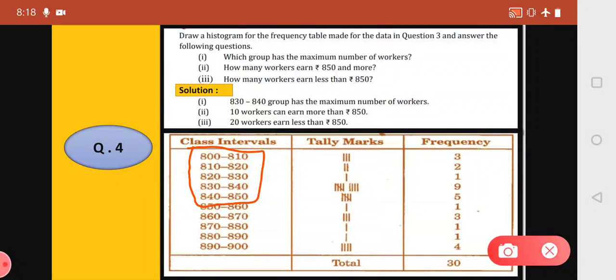So you have to add all these frequencies. Yes, that is 3 plus 2, 5, 5 plus 1, 6, 6 plus 9, that is 15, and 15 plus 5, that is 20. So 20 workers earn less than rupees 850.